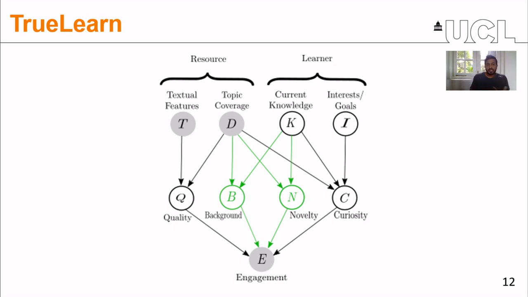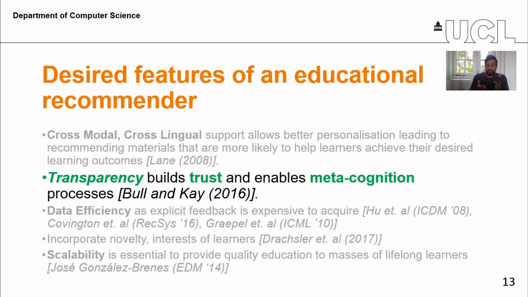So when we were designing this TrueLearn algorithm, we were thinking about several features that have to be incorporated in this educational recommendation system. And one of the features, as you can see, is incorporating transparency into this model.